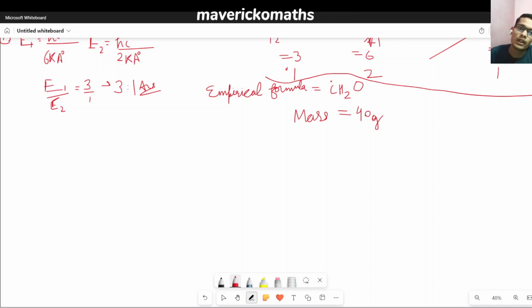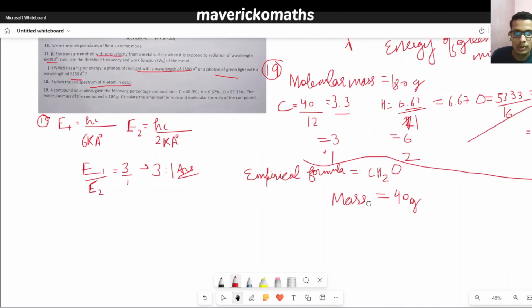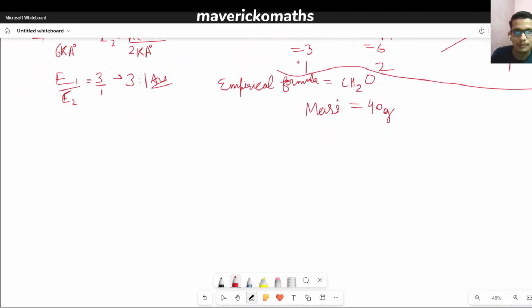This is 2. 12 plus 2 will be 24, plus 16 will give me 40. Yes. Now, what was the molecular mass that I was having? It is 180 grams. Molecular mass is 180.